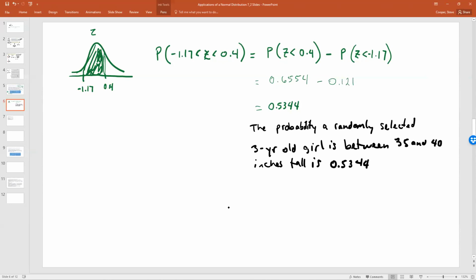Okay, so we now have a tool. We have a way to take a normal random variable and calculate probabilities.